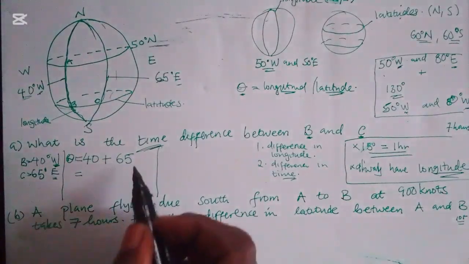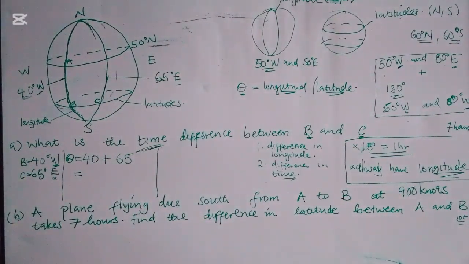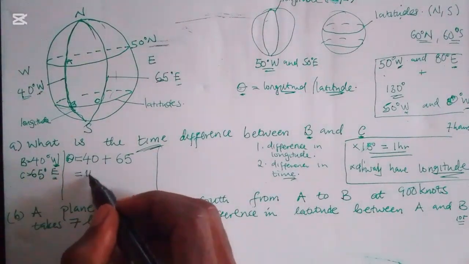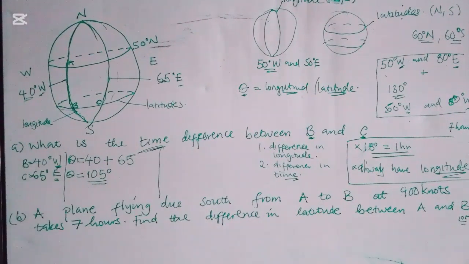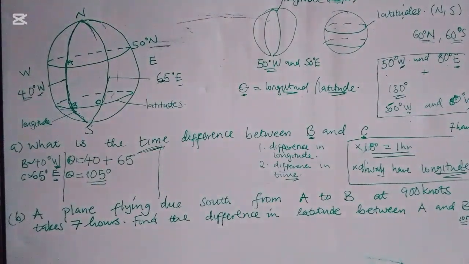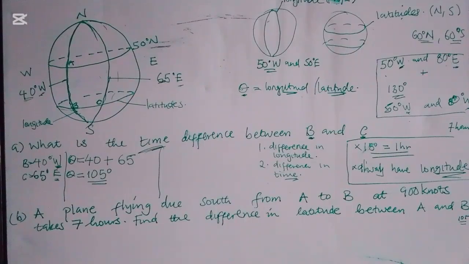If you add 40 plus 65, you get 105 degrees as our difference in longitude.